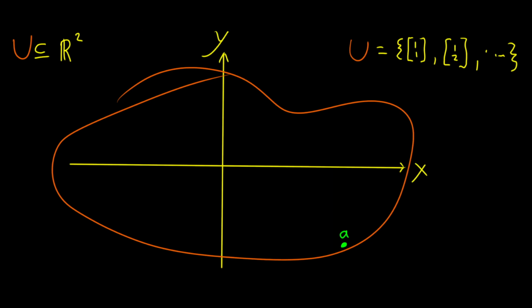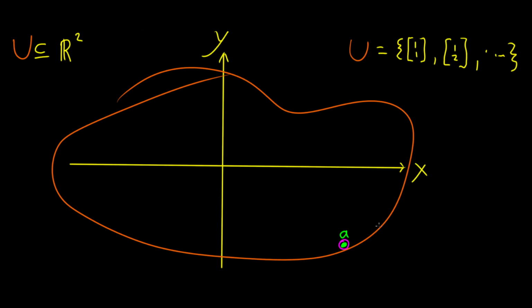And when we draw our circle, there's still a circle that's centered at A that's going to have some radius. In this case, it's really small. Some radius. And the edge of the circle is still within the subset U.